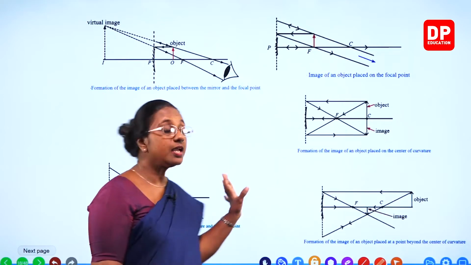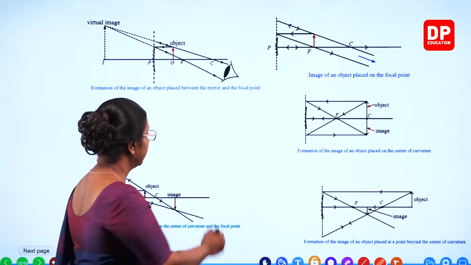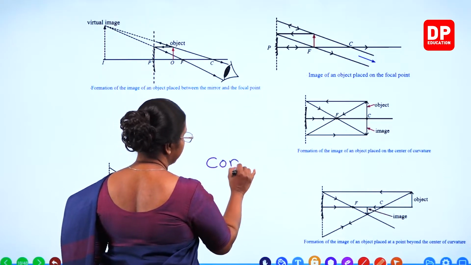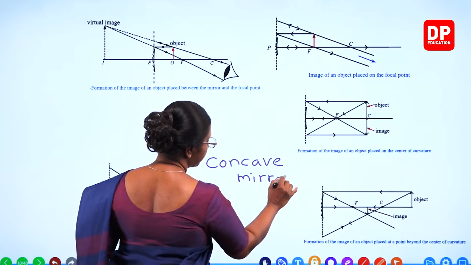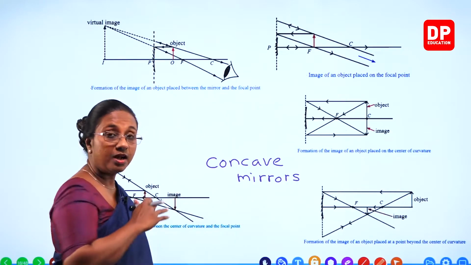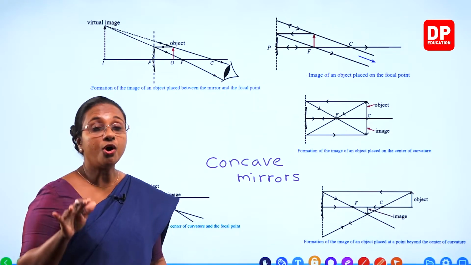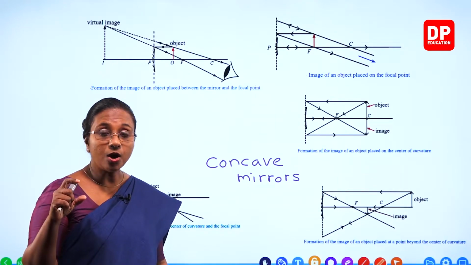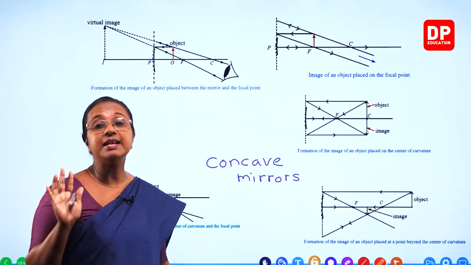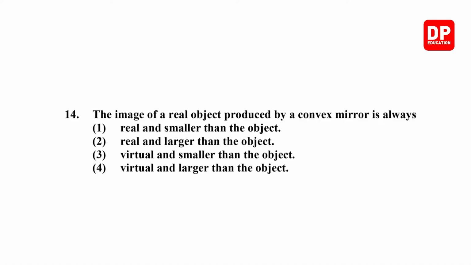So, different types of images are formed by the concave mirror. Whereas the convex mirror, irrespective of the position of the object, always forms one type of image: smaller than the object, upright, and virtual. So, that is how we select the property.